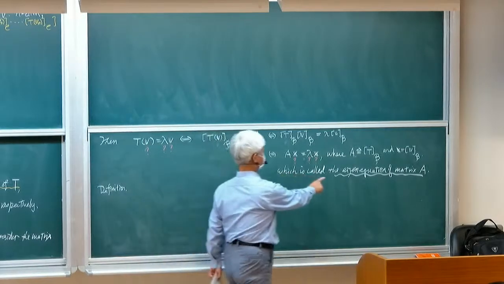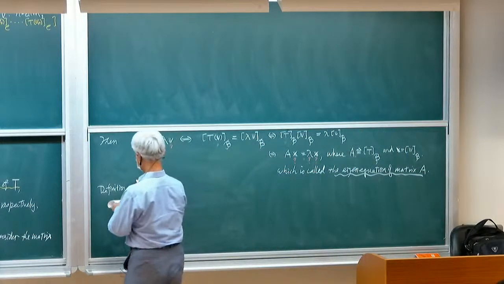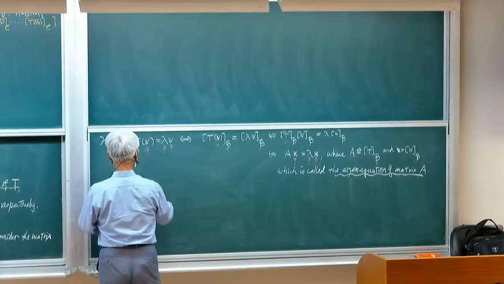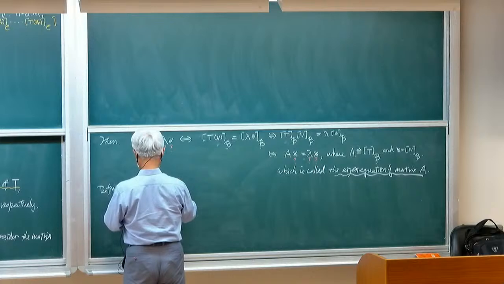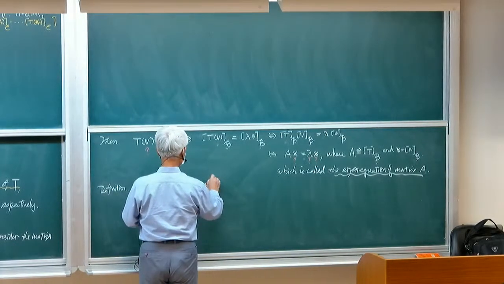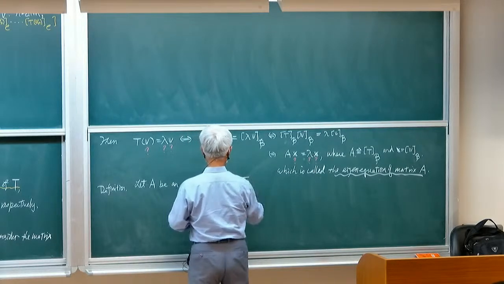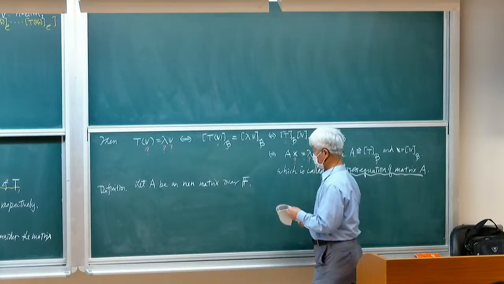Because of this eigen equation for matrix A, let A be an n times n matrix over F, so it can be real or complex.